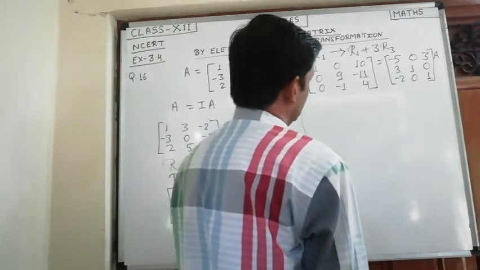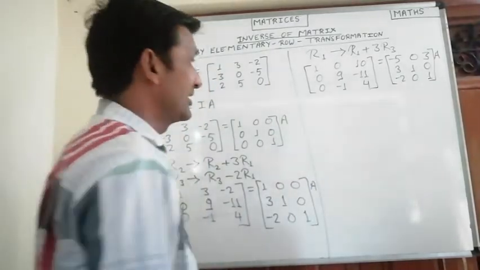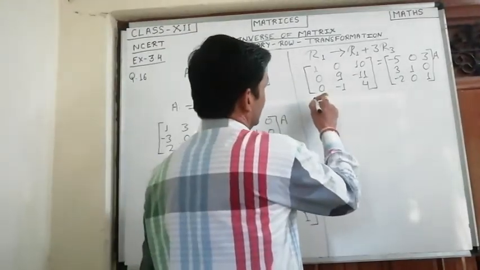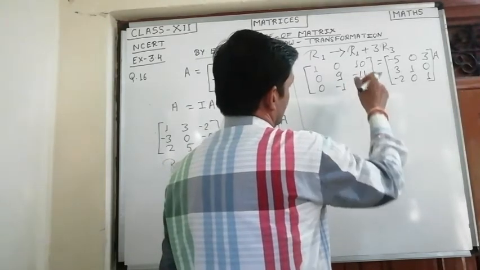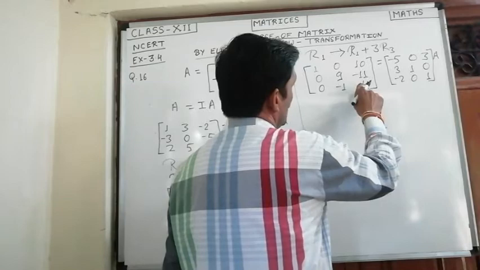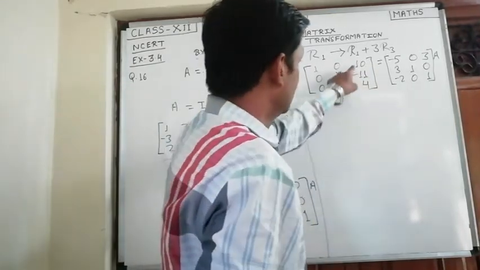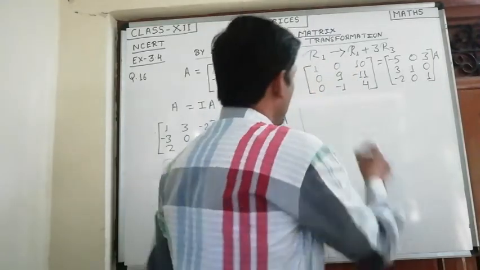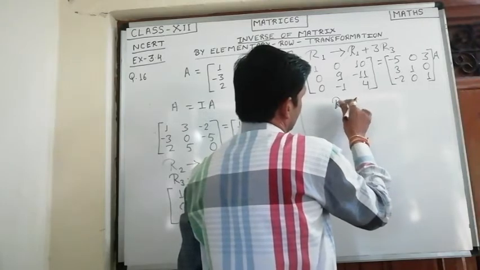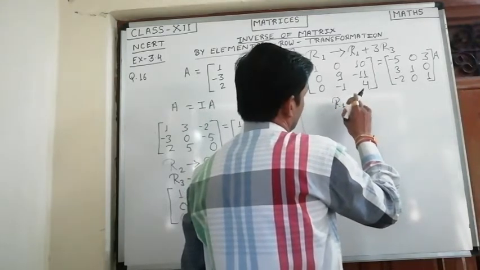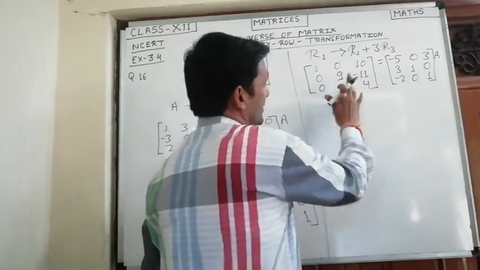Now let us take 4 common from the third row for making it somewhat easy. You may apply here also. For getting 0 here, I am applying property R1. First of all, you make this term as 0.